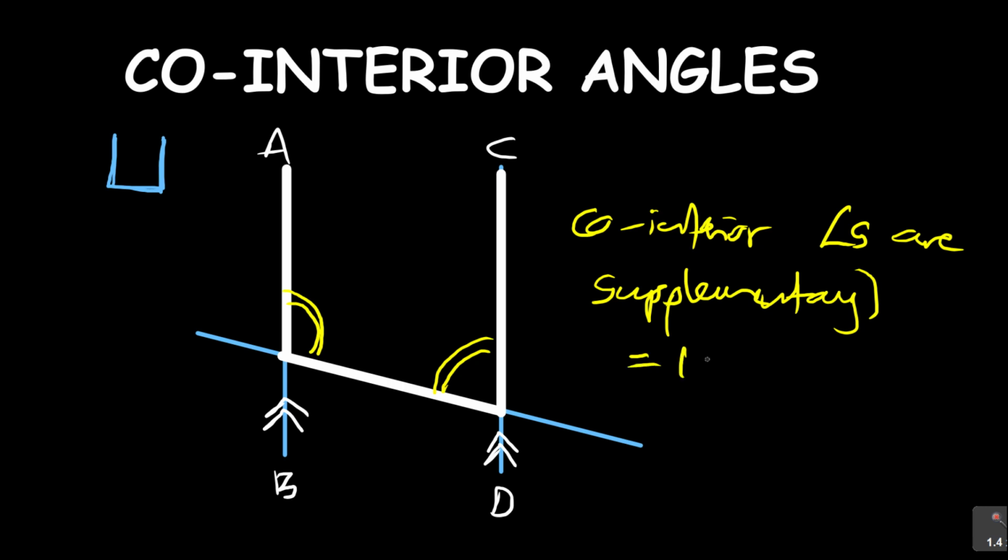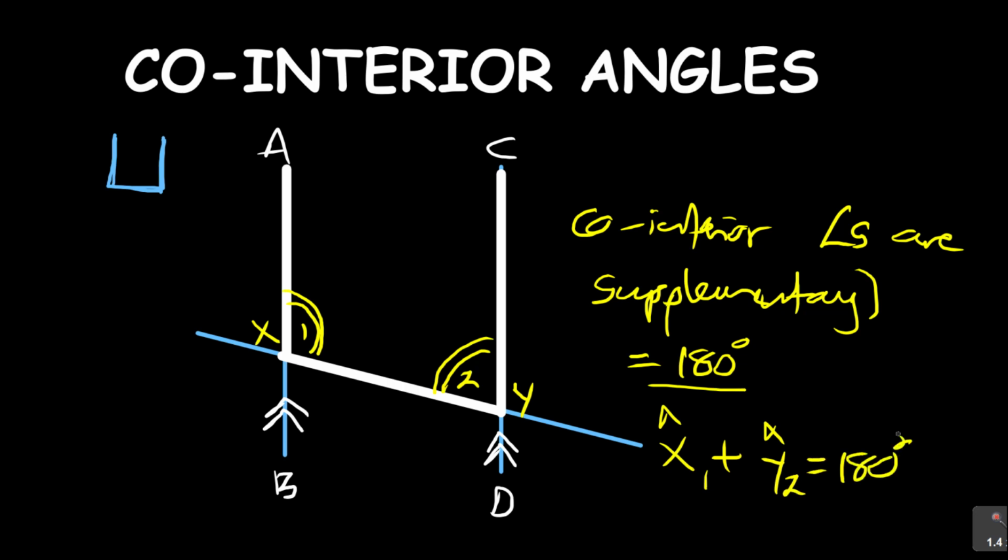They add up to what? 180 degrees. So if I had here 1 and 2, so I had X and I've got this point being Y, it means angle x1 plus angle y2 must add up to 180 degrees. Why? Because the reason is supplementary angles. Also the condition is AB being parallel to CD.